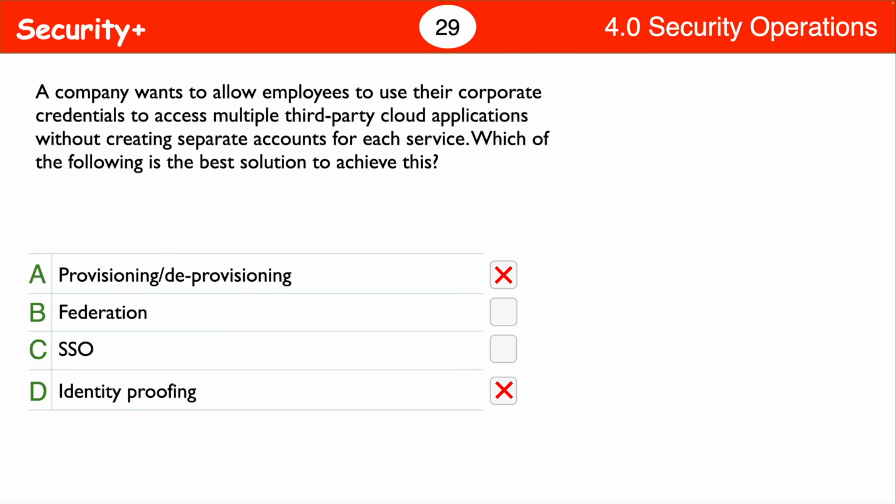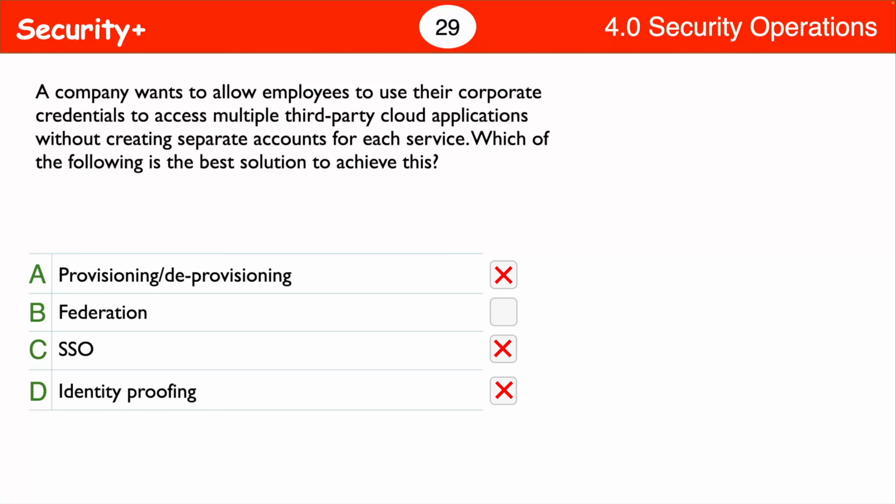And this may trip you up, but we can rule out C, SSO, which stands for single sign-on. And that's going to allow a user to log in once to access multiple services, but it typically works within the same organization rather than across multiple entities.